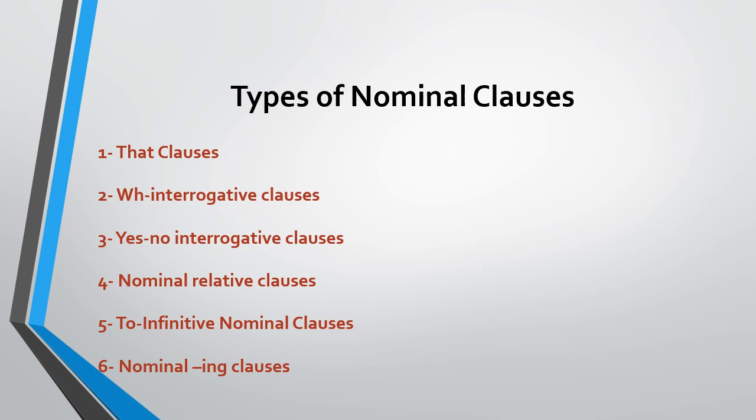Since they are nominal clauses, they occupy the position of the noun wherever it can occur in the sentence. So they fulfill different functions in the sentence. They might be a subject, a subject complement, an object complement, a direct object, an indirect object.